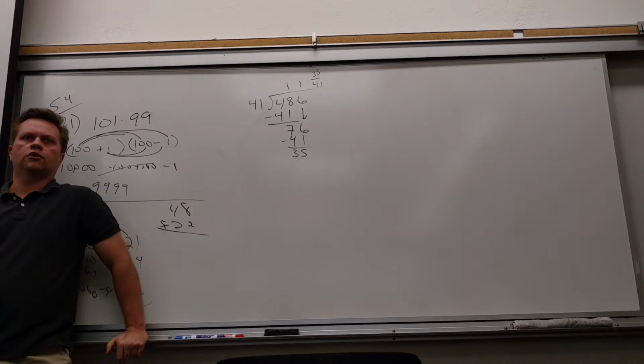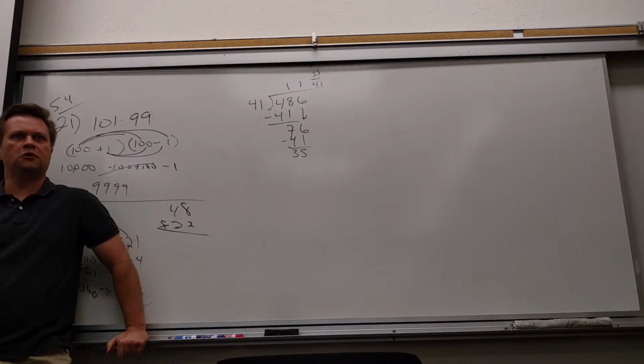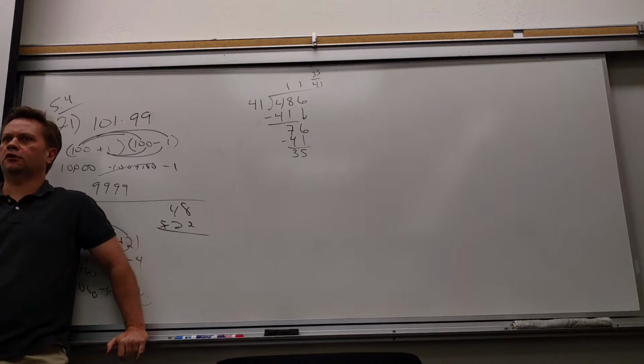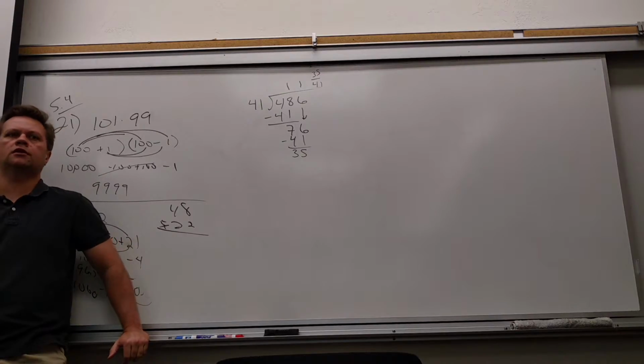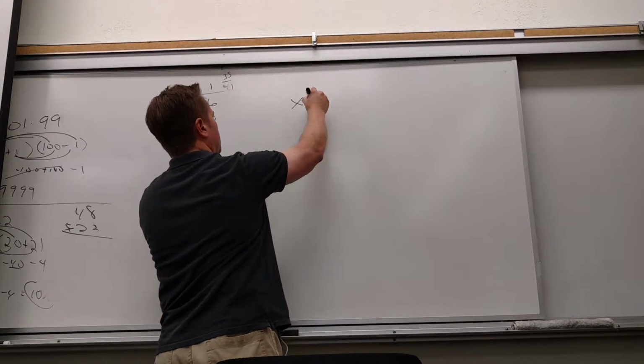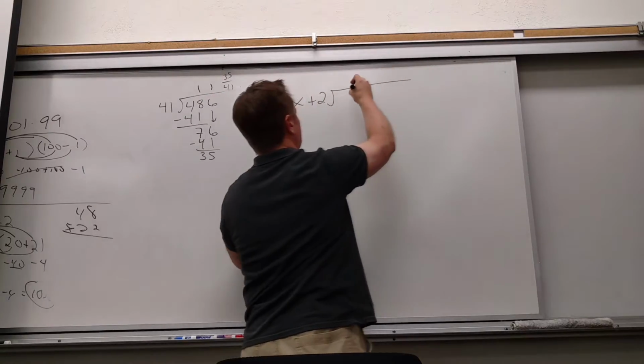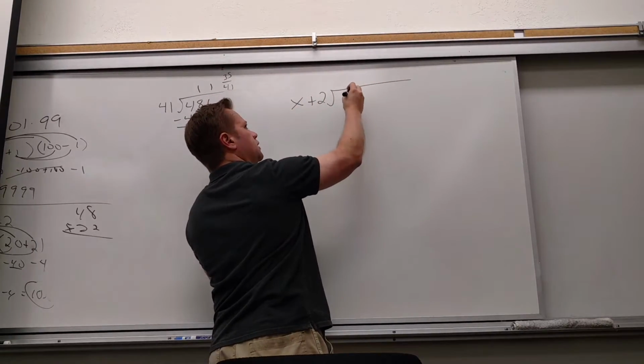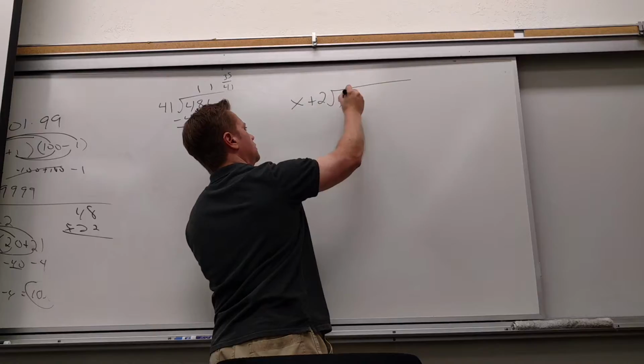So when there's variables, it looks worse. It always looks worse, but we do the exact same thing. Because what are variables? Numbers we don't know yet. So they have to act like numbers because they are numbers. Let me make something interesting.